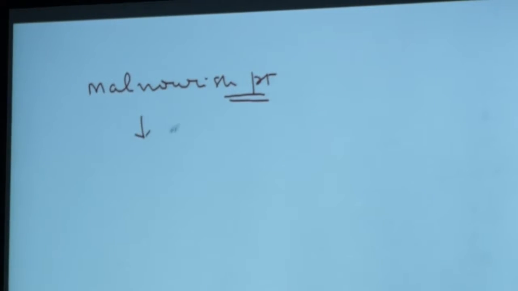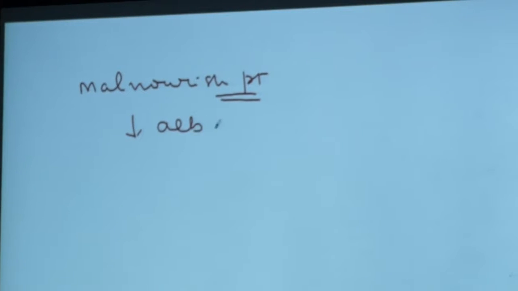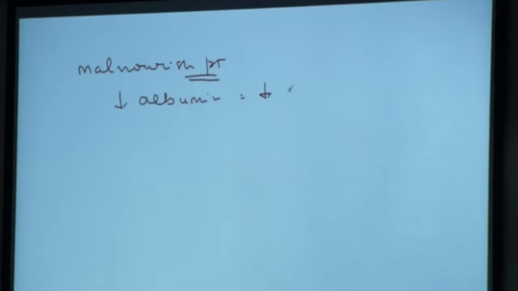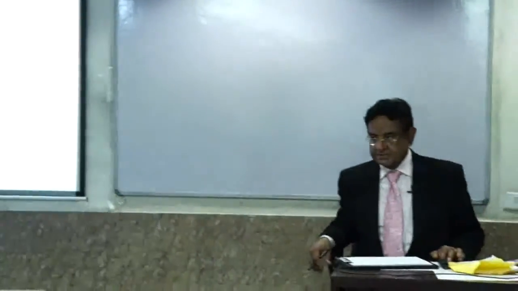Low albumin will lead to reduced anion gap. Remember, albumin is a negative part. So once the albumin goes down, anion gap will go down.